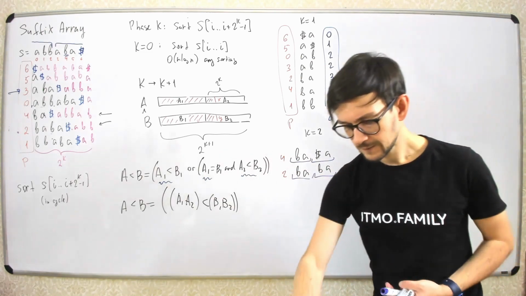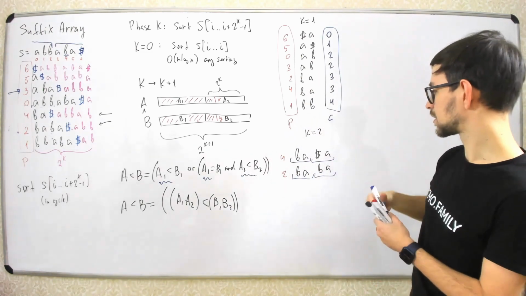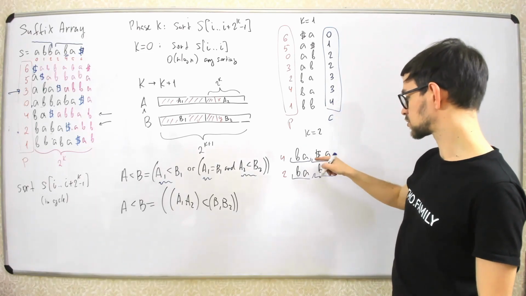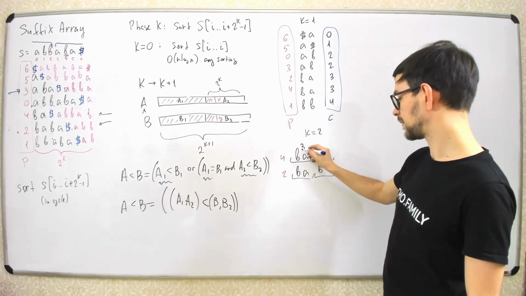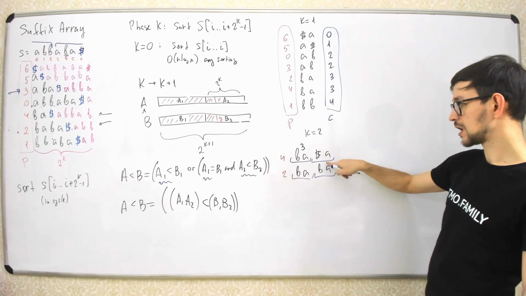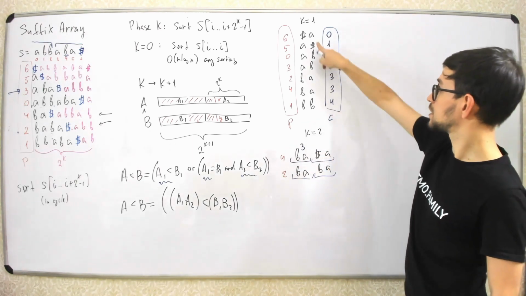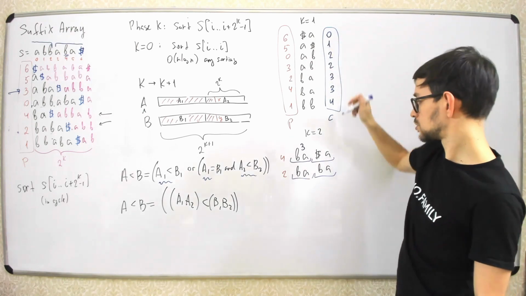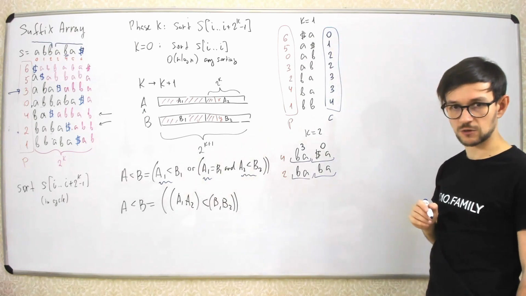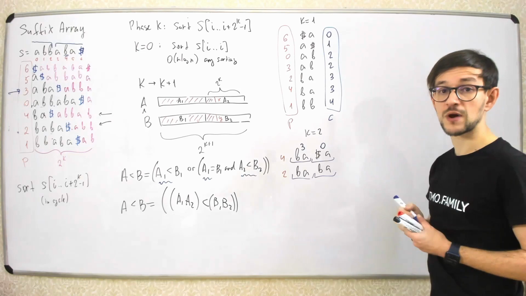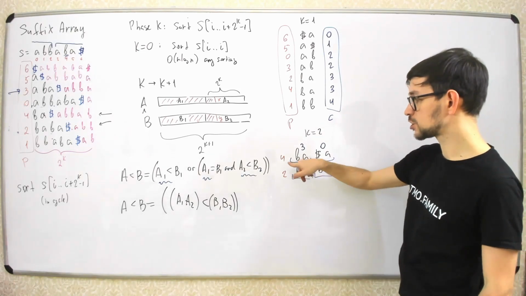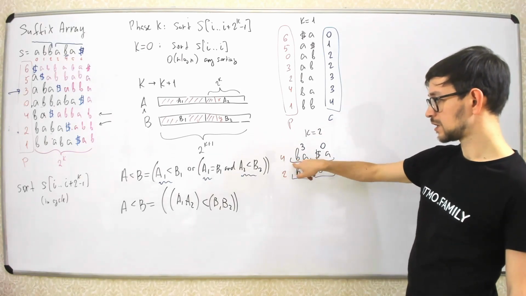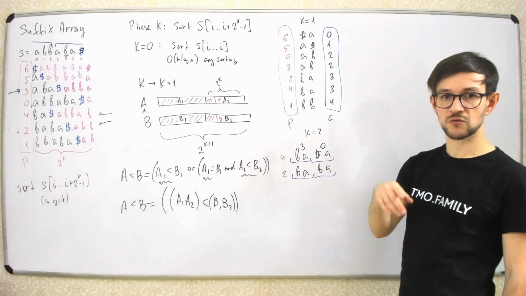So it's like the class of this string. Let's call it the class of this string. So the class of this string will be 3. Let's find this string. This string is $A. It's here. So $A has class 0. So the second half has class 0. How can we find it easily? We know the position of the first string is 4, so the position of the second half will be 4 plus 2.